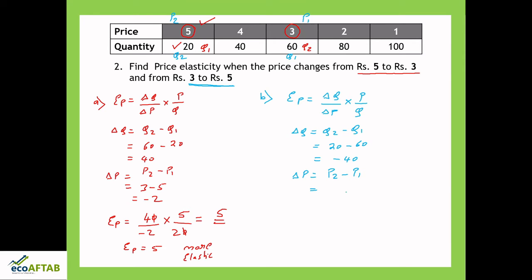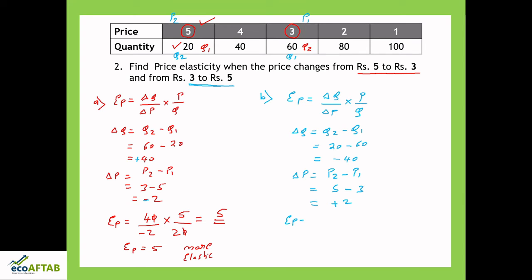What is P2 now? 5 minus 3, that is equal to minus, sorry, I am very sorry, it is now plus 2. So, you can see the difference, here it is plus and here it is minus. Now, the reverse has happened, here it has become minus and here it is plus. Now, we shall see whether we will get the same answer or we will get a different answer.